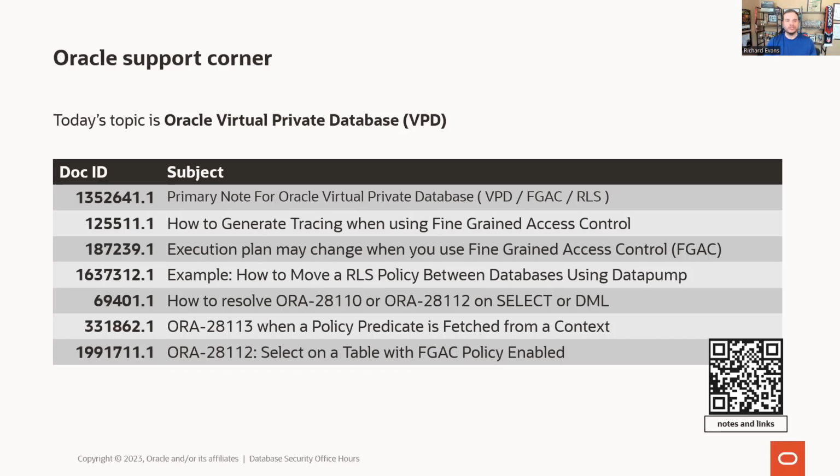But you'll want to keep a bookmark on that document. How to generate tracing could be a good one too. But for the most part, the document does a good job. Dan Morgan's library has some really good examples out there too. Tim Hall always does a good job with examples. There are lots of resources out there, but just understand that you've got resources within Oracle Support as well.